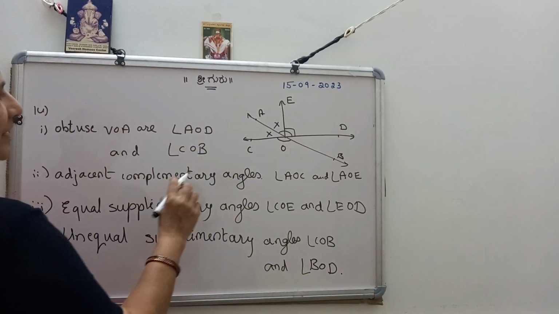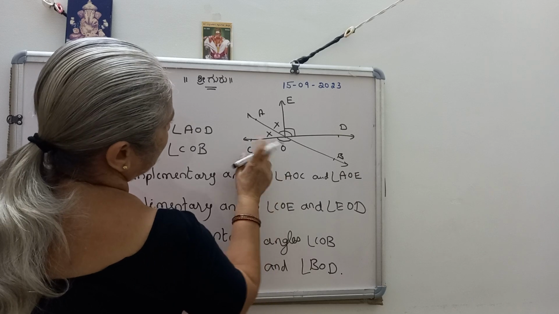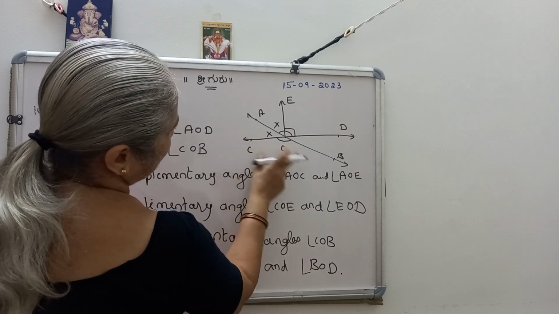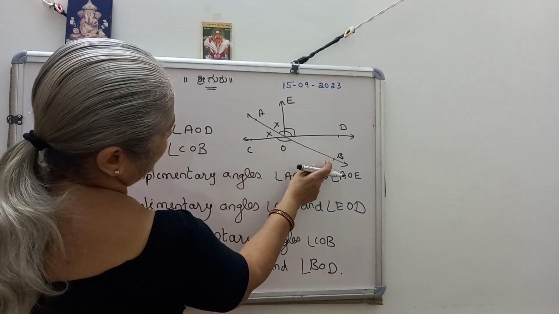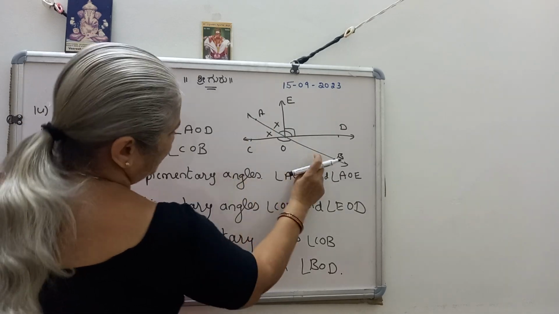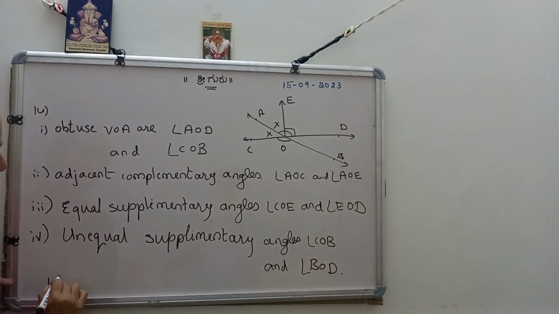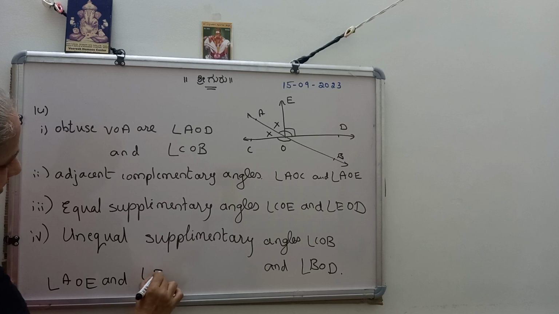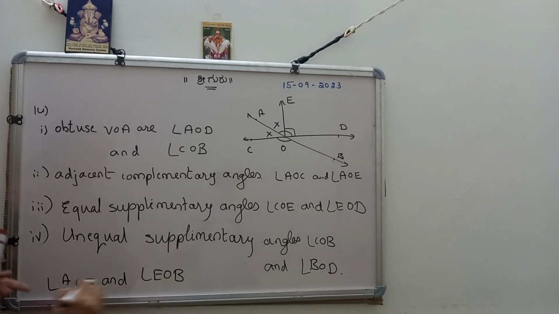There is one more pair of unequal supplementary angles. AOB is a straight angle. AOE and EOB. Angle AOE and angle EOB.